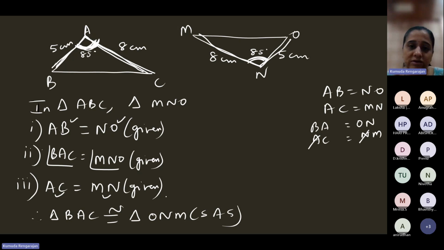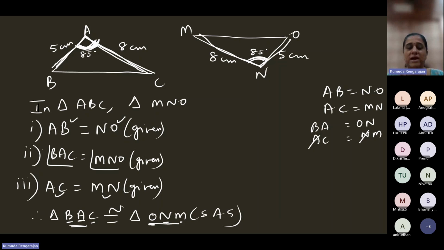So now that the two triangles are congruent, children, you have proved that they are identical. That is, if you place the first triangle like this, BAC, and then place the second triangle over the first one so that the vertex O coincides with vertex B, the vertex N coincides with A, and the vertex M coincides with C, the second one will completely cover the first triangle.